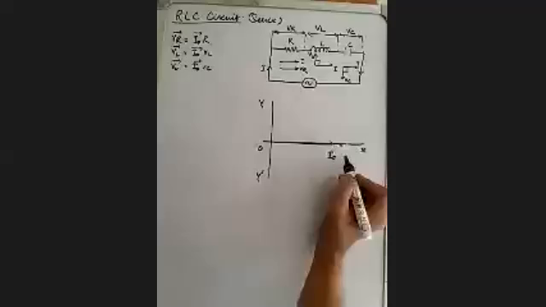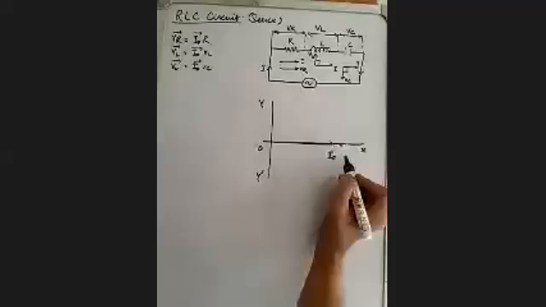So OA is represented by the VR vector. Now the VL vector, because the voltage is leading by 90 degrees, is along the OY direction.